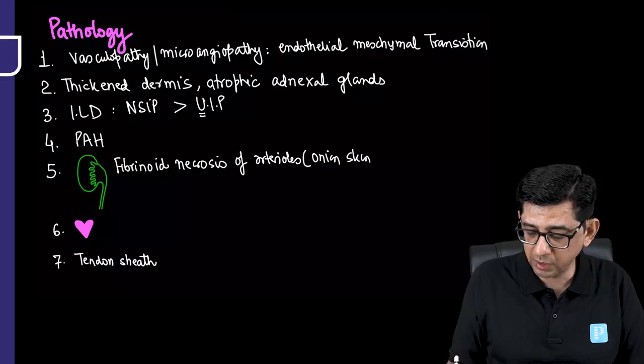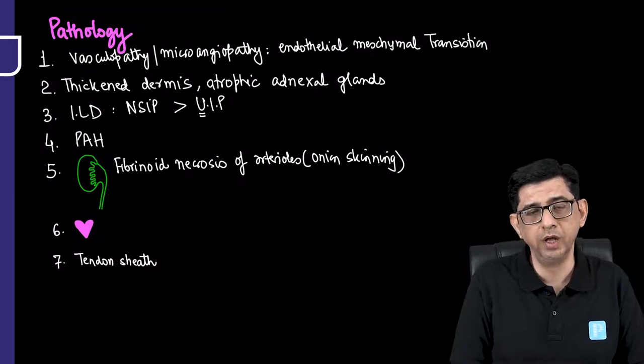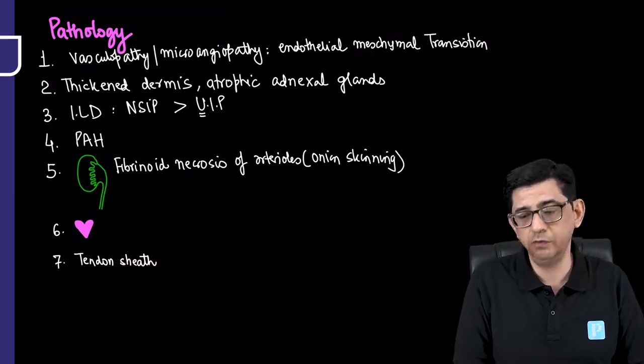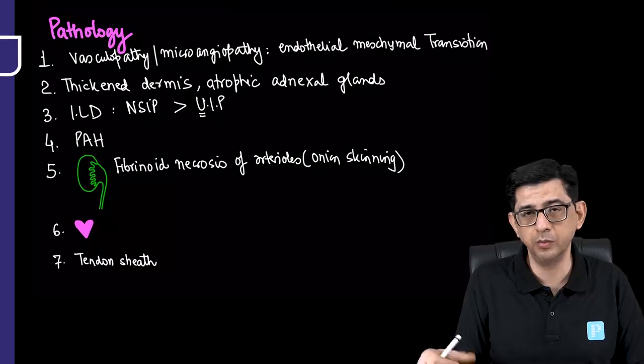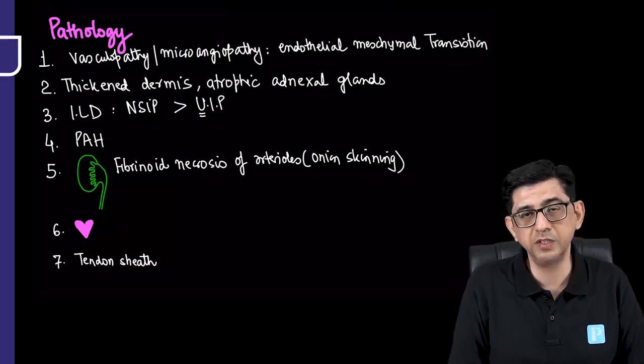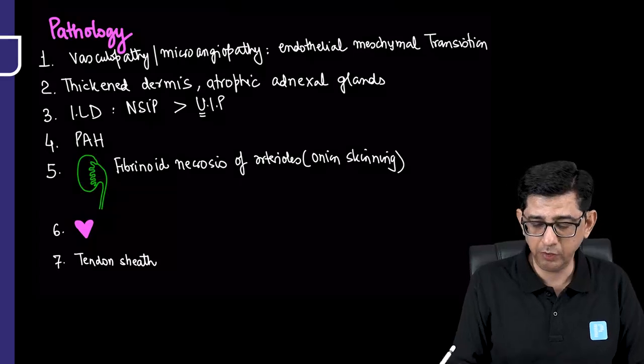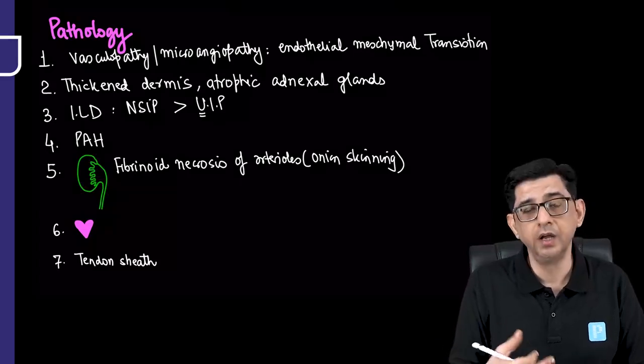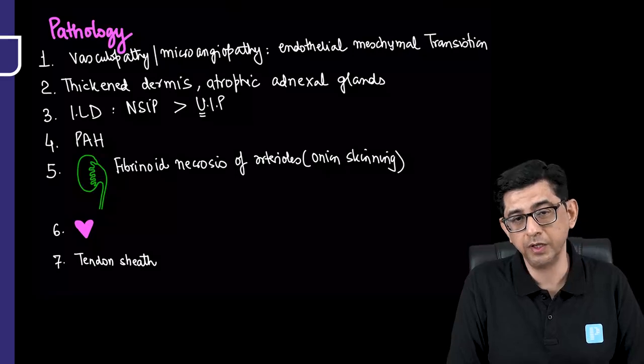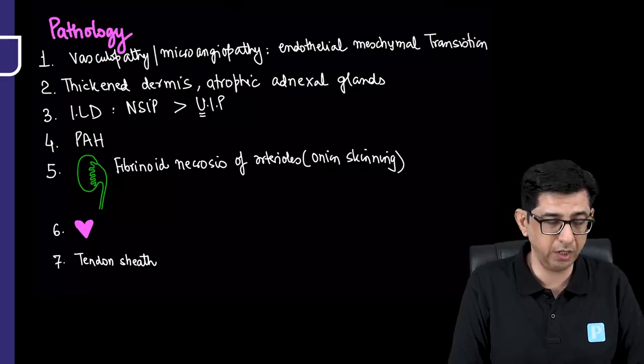Though onion skinning per se we see with multiple conditions, so I'll not go into those at the moment. I'll just say one casual one, like Ewing sarcoma. We read about onion skin appearance with respect to a diaphyseal tumor on an X-ray, but today we're talking about a blood vessel in the kidney that explains accelerated hypertension and a possible reason for mortality.